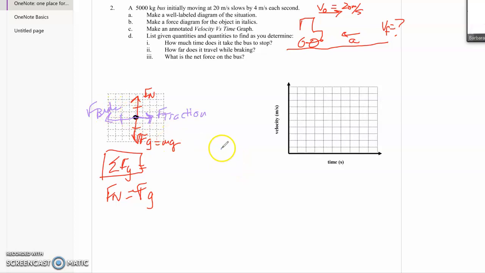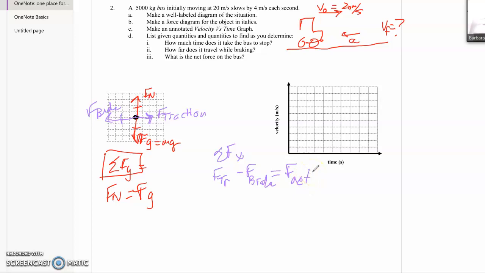All right, so if I do the sum of all the forces in the x, then I'm going to have force traction. I usually choose the direction it's already moving to be positive, so force traction minus force brake equals F net. Okay, so whatever that is.